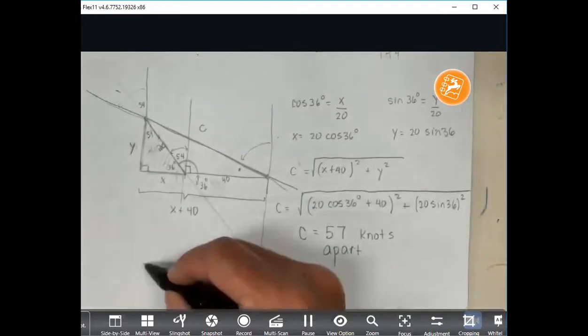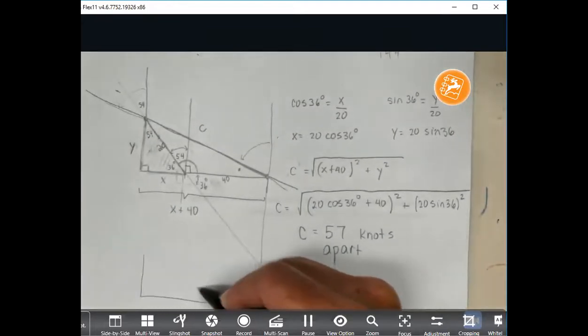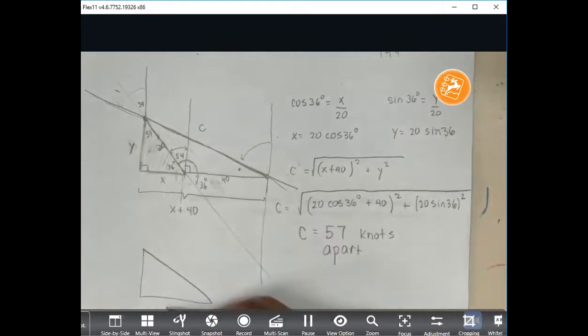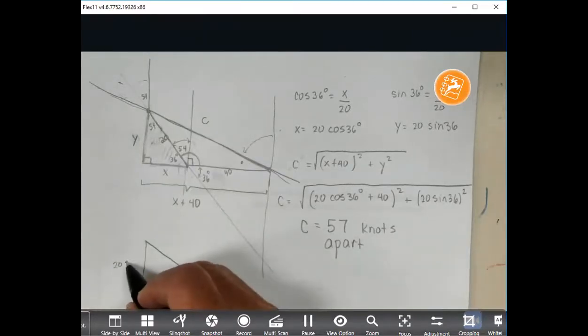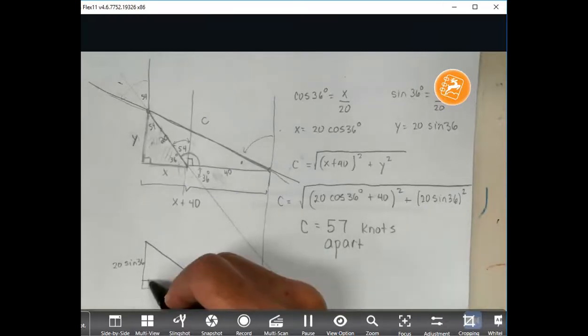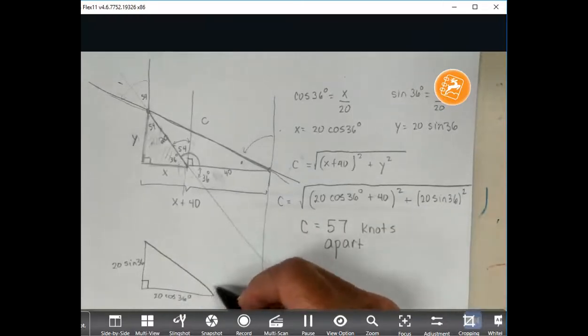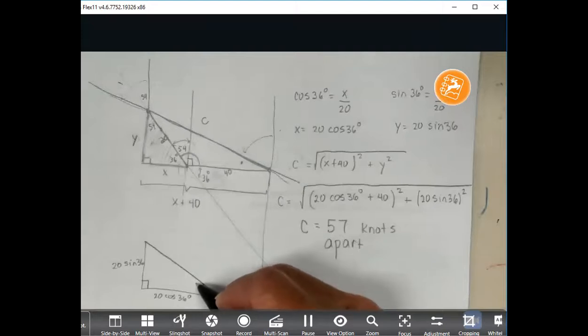Let's do it. We've got this big triangle here, and I need to get a number out of this. X was 20 cosine of 36 degrees. Y was 20 sine of 36 degrees. And we're trying to find this angle here, so let's put a theta there.